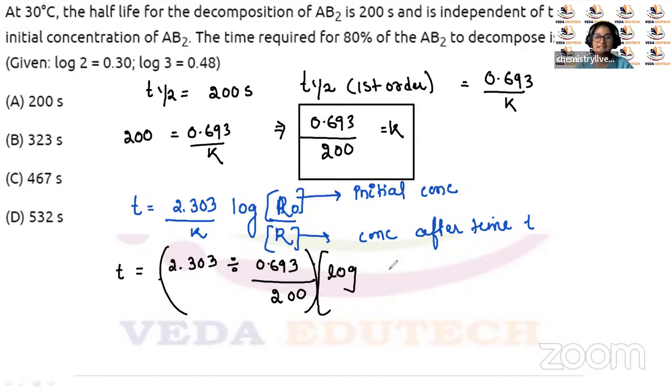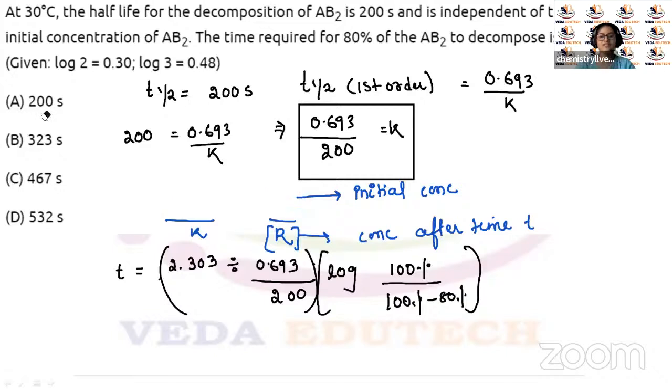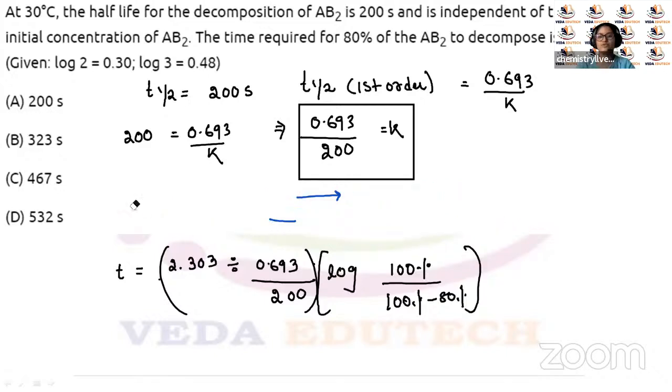Means initially can I say that there was 100%? Now 80% decomposed means I can write 100% minus 80%. So here we'll erase everything that is above and we'll continue from there. I hope this much is clear to all of you. So we'll erase this part. It's not required to us anymore.